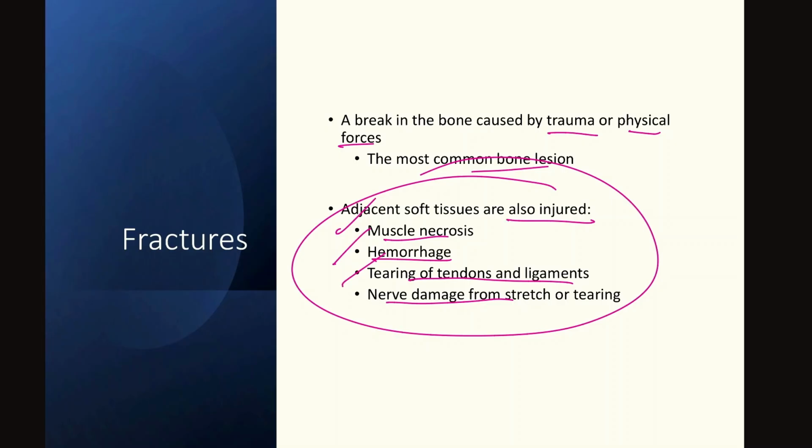How is the laxity of the joint? How are those ligaments and tendons? Are they still working okay? That's why you do your range of motion. Nerve damage: did they tear a nerve? How is their sensation past the knee? Can they still feel their toes? Do we have any nerve damage in the knee?